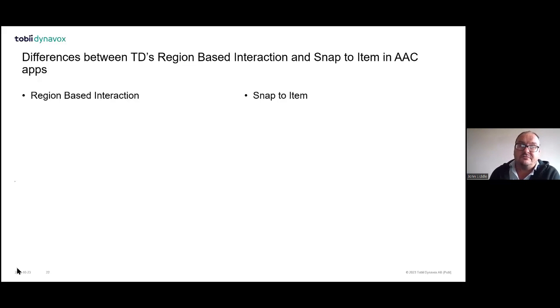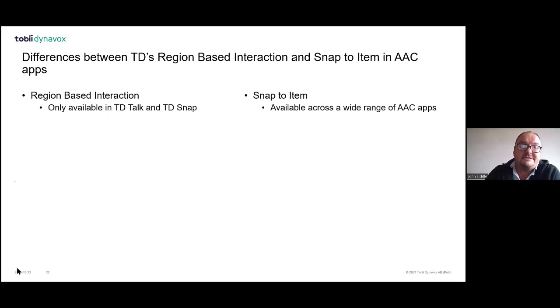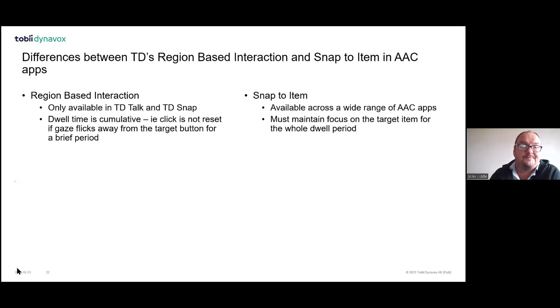It's probably just worth talking about some of the differences between those. So region-based interaction is only available in TD Talk and TD Snap, whereas Snap to Item is available across a wide range of AAC apps. The benefit of region-based interaction in terms of dwell time is that concept of dwell time being cumulative.